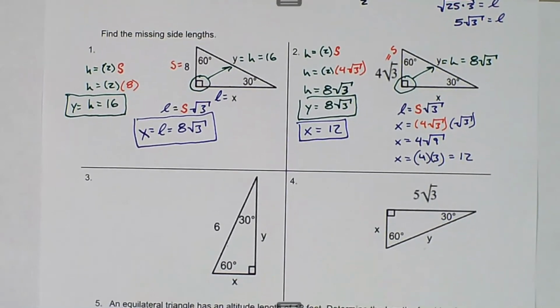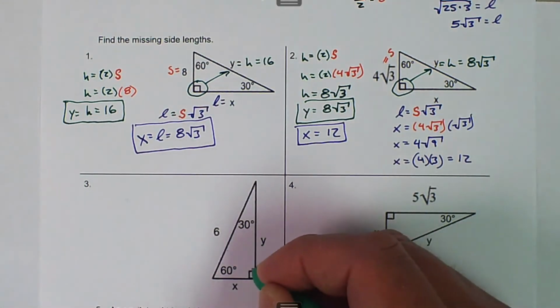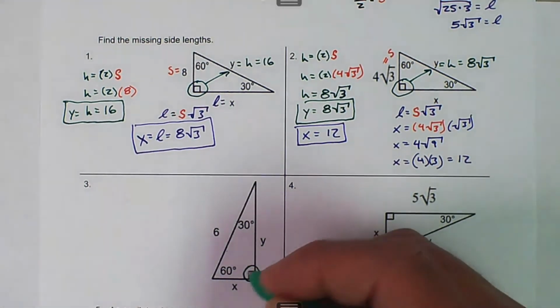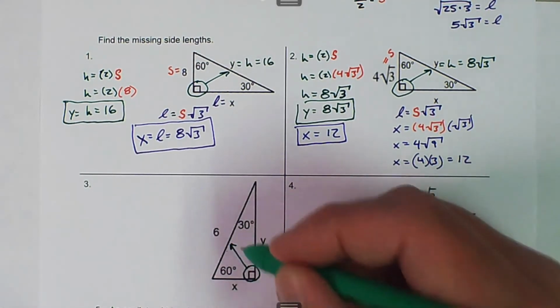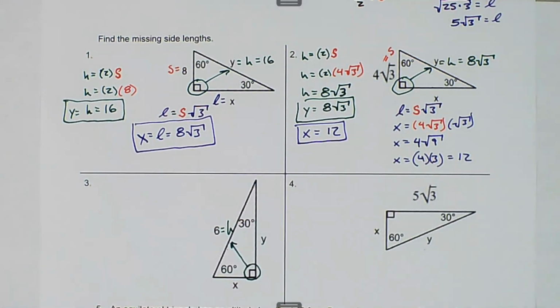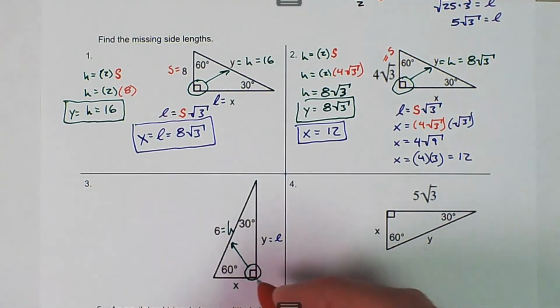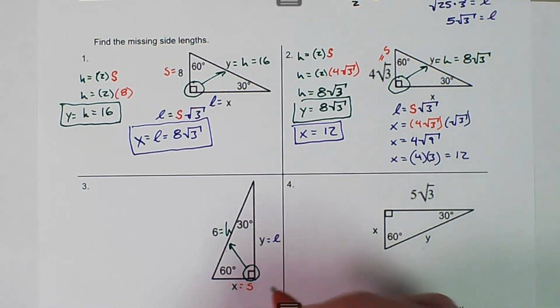Then we're going to number 3. And we have a 30, 60, 90 triangle. This time they give us the hypotenuse. So we're going to have to kind of work backwards. We know that they give us the hypotenuse because we know that the hypotenuse is always opposite the 90-degree angle. We know that in this case, y is equal to the long side and x is equal to the short side.